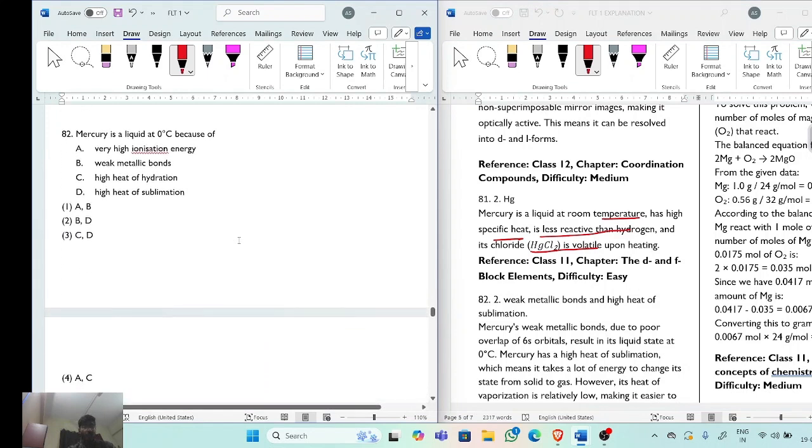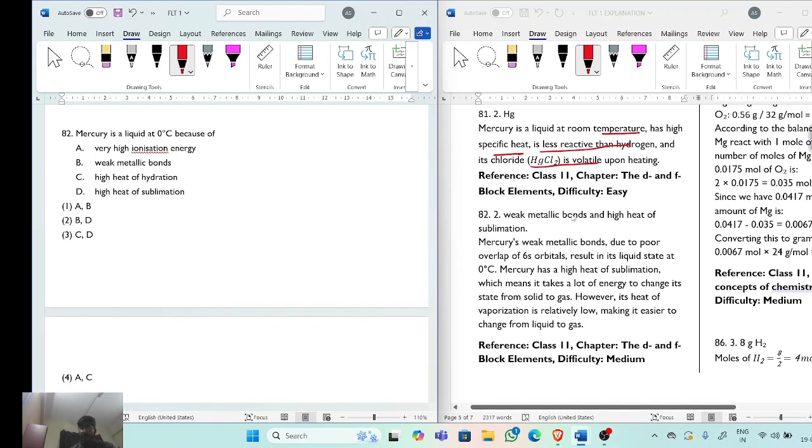Now question number 82. Mercury is a liquid at 0 degrees Celsius because of very high ionization energy, weak metallic bonds, high heat of hydration, high heat of sublimation. The explanation: mercury has weak metallic bonds due to poor overlap of 6s orbitals, resulting in its liquid state at 0 degrees Celsius.